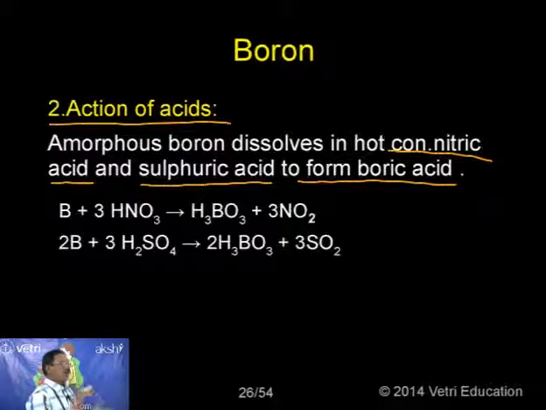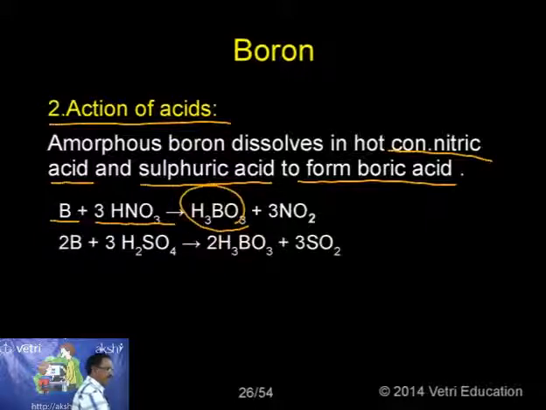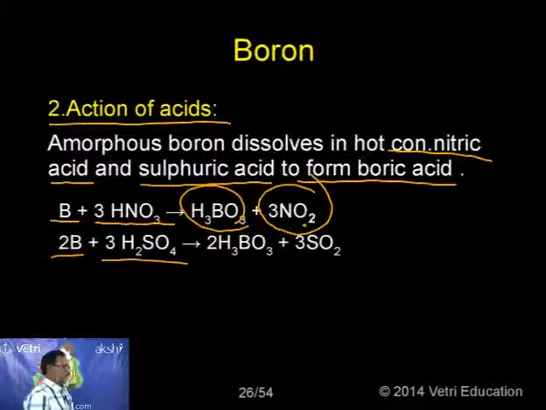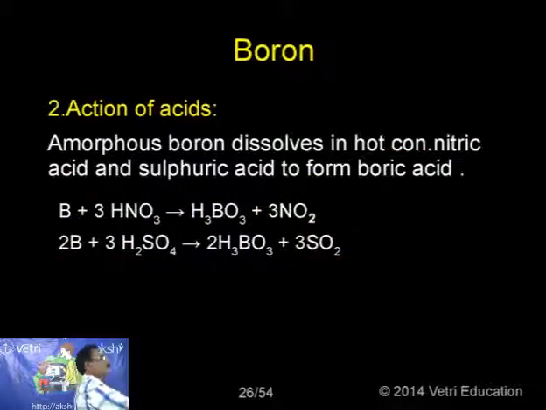So, 1 mole of boron reacts with 3 moles of concentrated nitric acid to give boric acid and 3 moles of NO2. 2 moles of boron react with 3 moles of sulfuric acid, again producing boric acid and 3 moles of SO2.